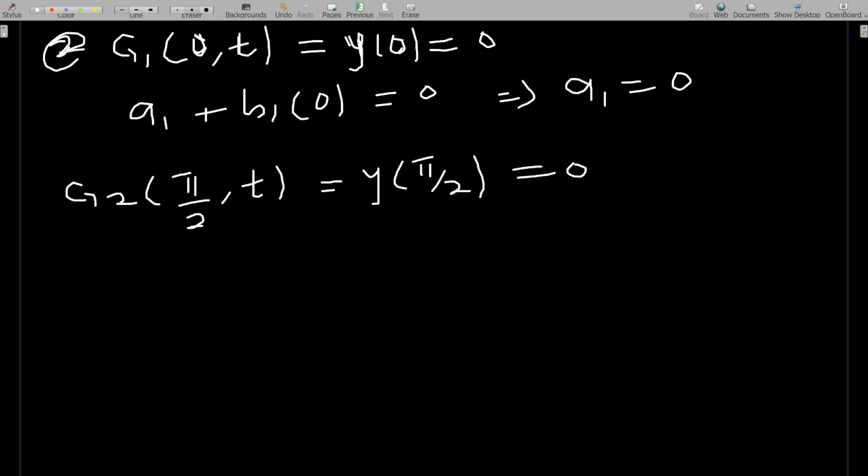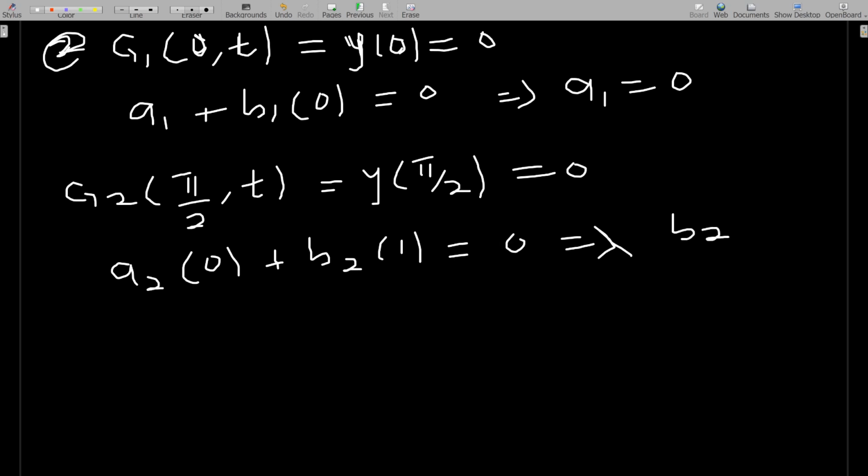So if I put pi on 2 in place of x in g2, I'll have a2 cos pi on 2, and cos pi on 2 is 0, plus b2 sine pi on 2, and that is 1. This should give me 0, so this will imply that b2 is also equal to 0. So we have these as our a1 and b2.